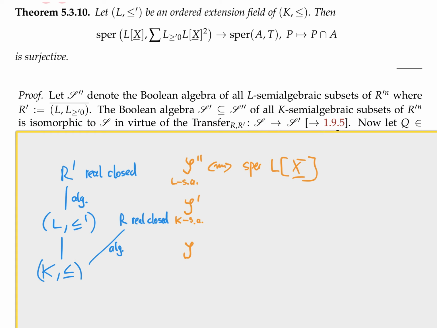So this is K semi-algebraic. So S, by the way, the ultrafilters on S corresponded to the real spectrum of K adjoin X.